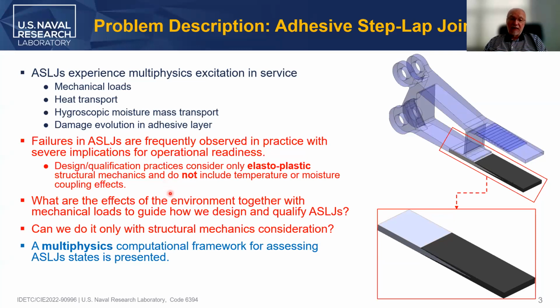Should we actually consider them? And can we actually do the qualification based only on structural mechanics? So for that reason, and to answer some of these questions, we decided to create a multiphysics computational framework for assessing the state and performance of adhesive step-lap joints. And this is what I will be presenting to you.